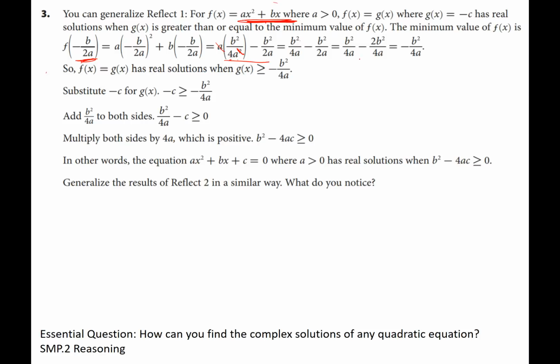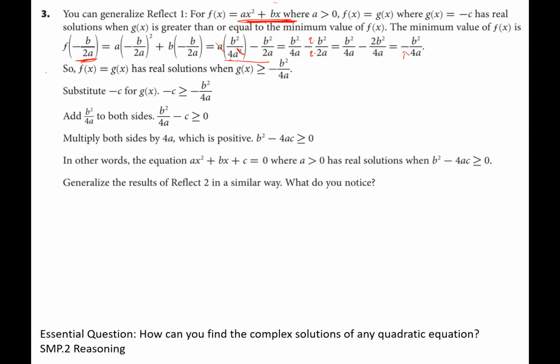Then they tried to get it over a common denominator, so they multiply these both by 2. So you get -2b squared over 4a, and now we can combine like terms. So b squared minus 2b squared is -b squared over 4a. So basically what this is saying is, when I plug into this function, f of x equals g of x has real solutions.